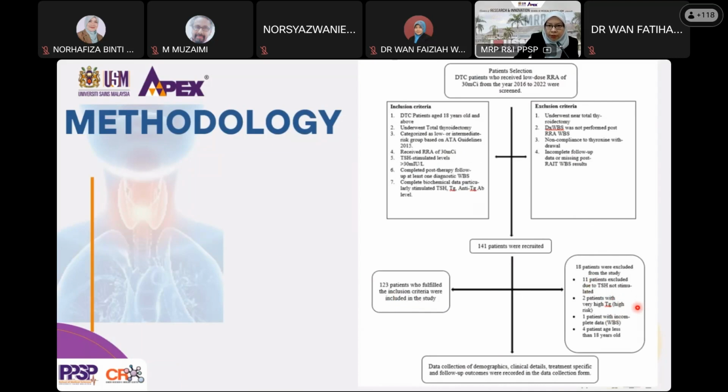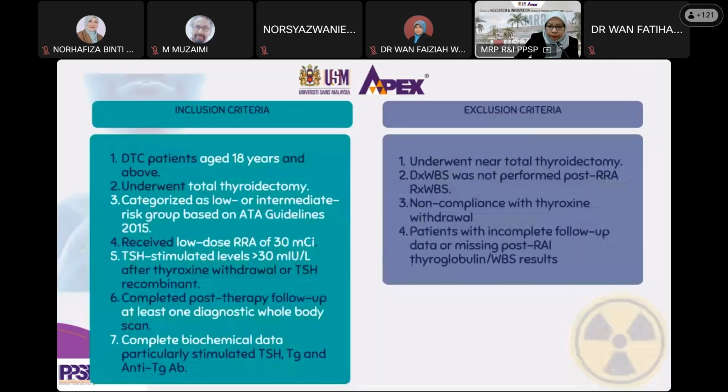One patient without a diagnostic whole body scan after therapy was also excluded, and another 4 patients were aged less than 18 years old. So this is the inclusion and exclusion criteria for this study.